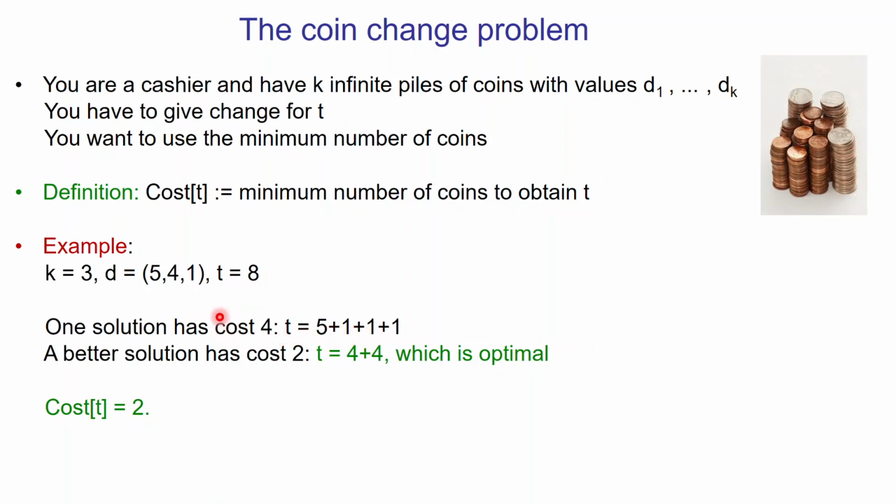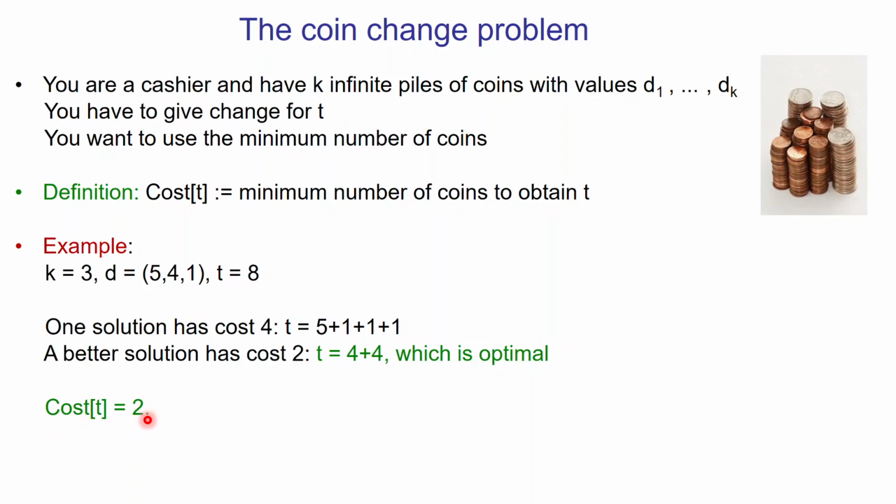This would be a cost of 4 because I'm using 4 coins. So it's not very nice. A better solution for your customer would have cost 2: 8 is equal to 4 plus 4, and this is optimal. It's optimal because you clearly cannot give change using just one coin. So in this case, the cost of t when t is 8 would be 2.